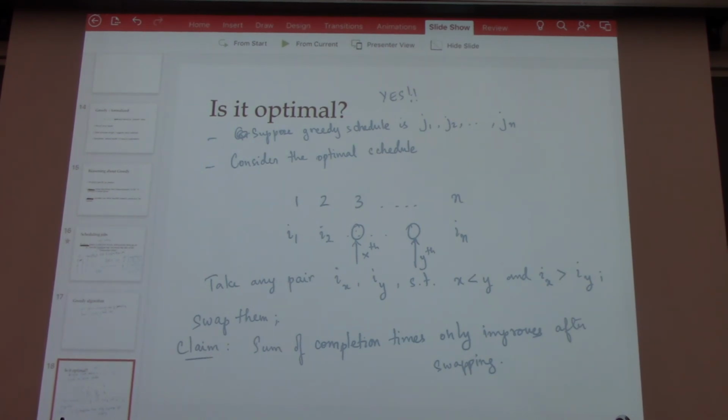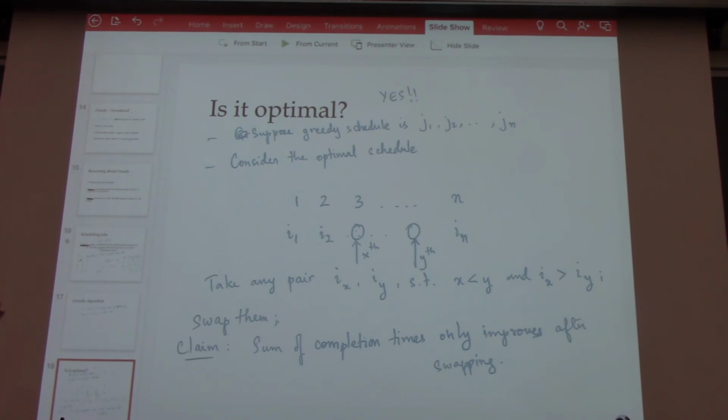So what she said is, let's look at these x and y positions and swap them. The effect of the swap is basically that the completion times of everybody before x will remain exactly the same. For everyone between x and y minus 1, instead of adding the processing time of x, we will now add the processing time of y.